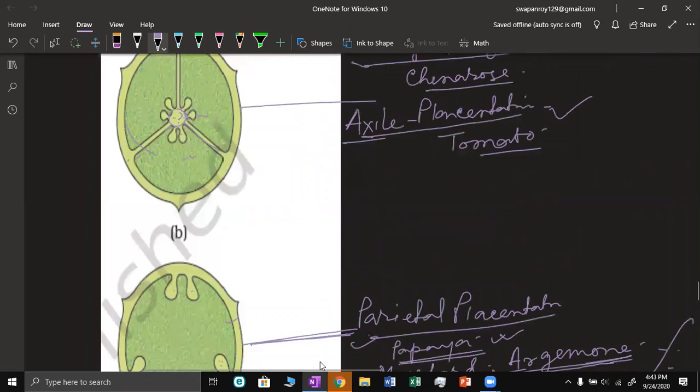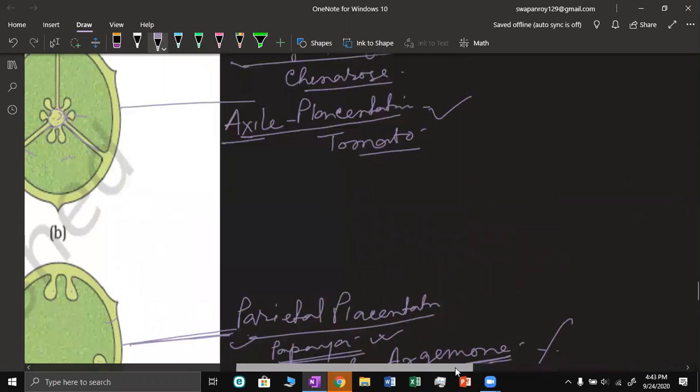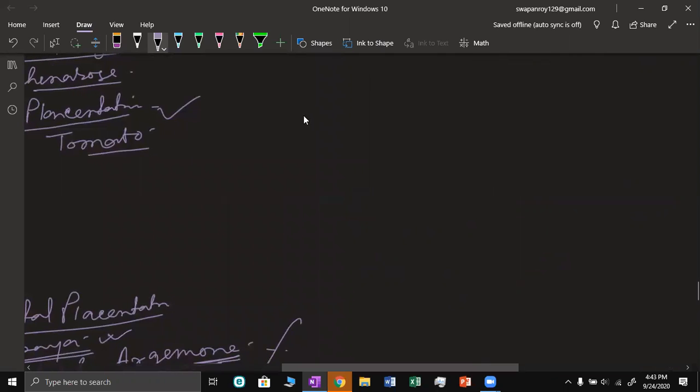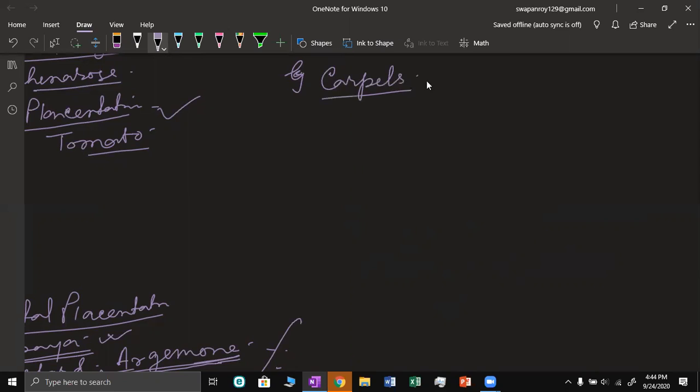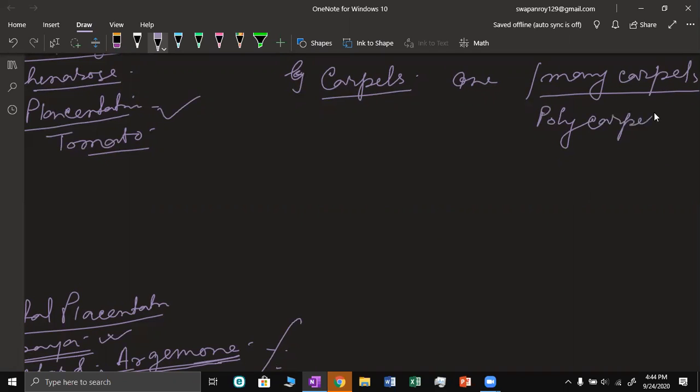One more thing that I have not yet told you: the gynoecium or the carpels may be, as I told, one carpel or many carpels in the gynoecium. When it is many, this one is polycarpellary, and this is called monocarpellary.